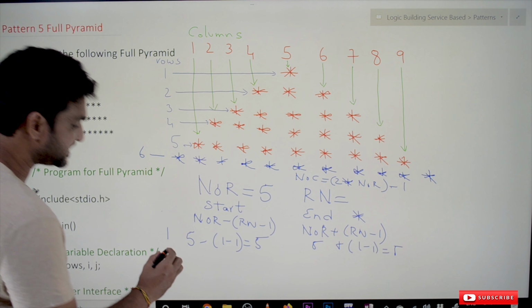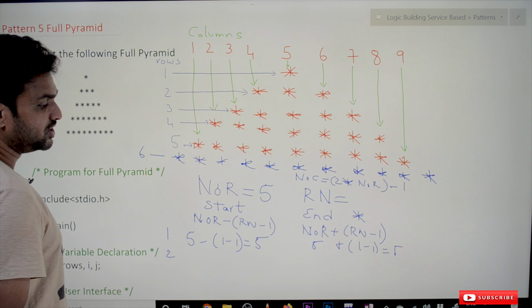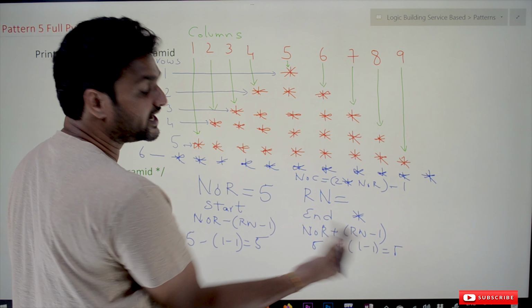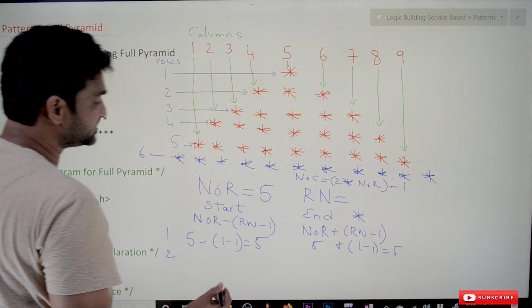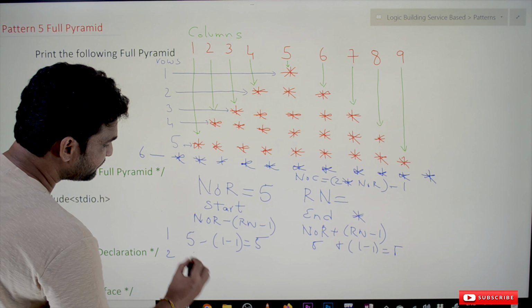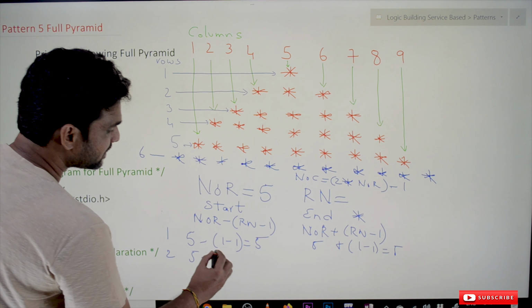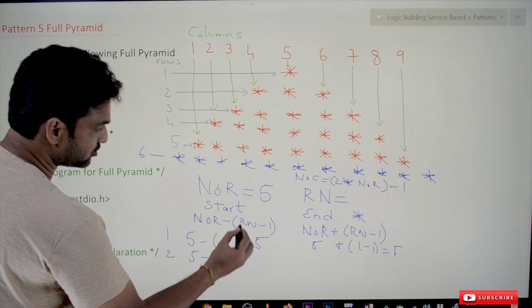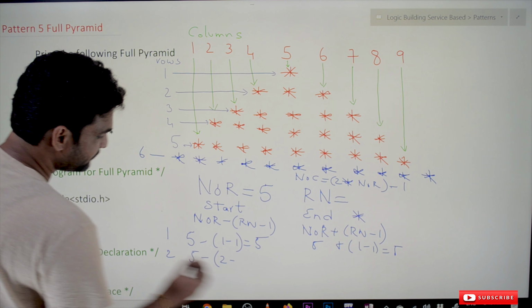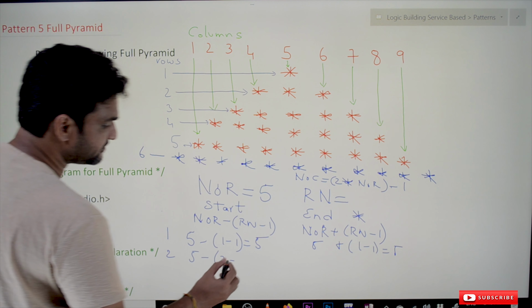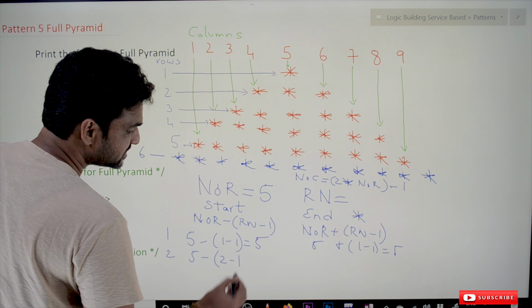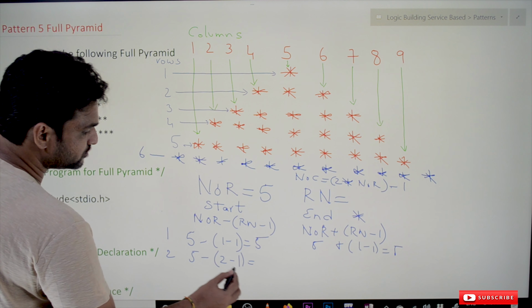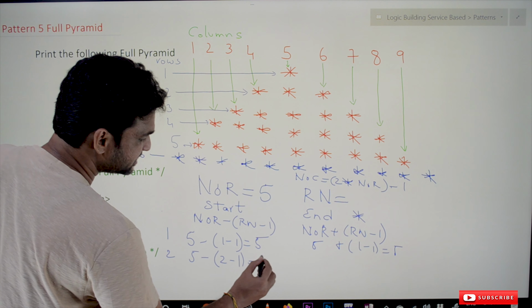Now coming to the second row, what is the start point and what is the end point? It is 5 minus row number, which is 2, minus 1, so 5 minus 1 is 4.